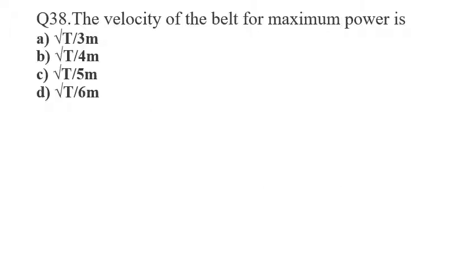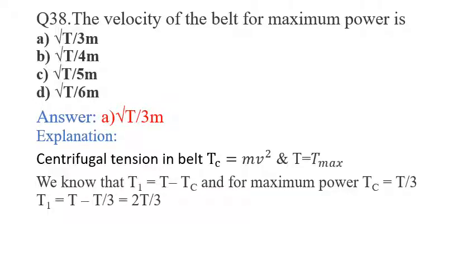Question 38. Velocity of the belt for maximum power is A v equal to root of T by 3m, B root of T by 4m, C root of T by 5m, D root of T by 6m. And the answer is A, v equal to root of T by 3m. And the explanation: Centrifugal tension Tc is equal to mv square, and T is equal to T max.